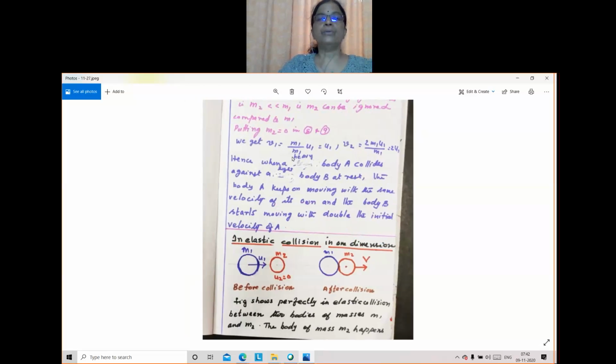V1 equal to U1, V2 equal to 2U1, double the velocity.